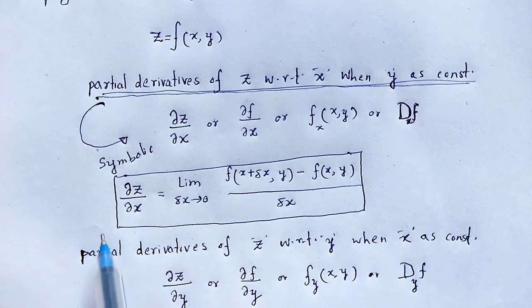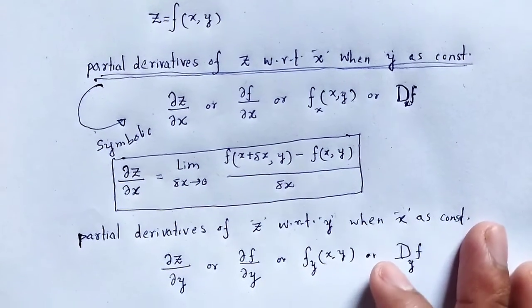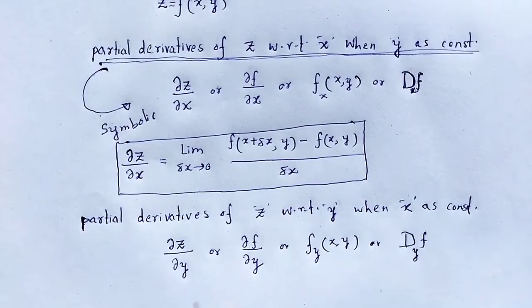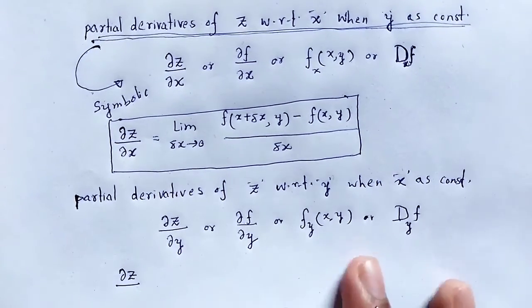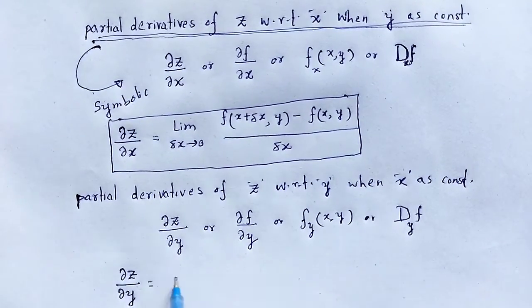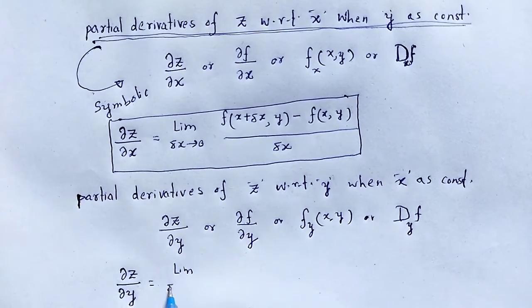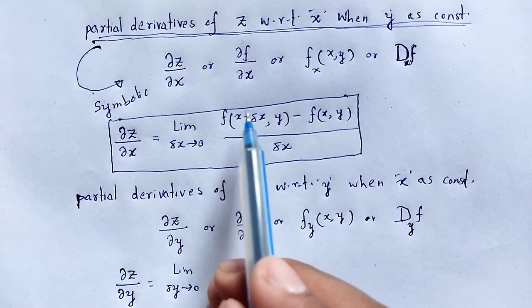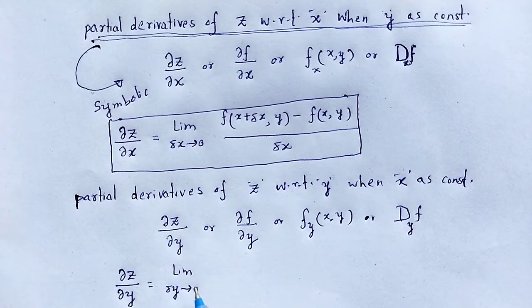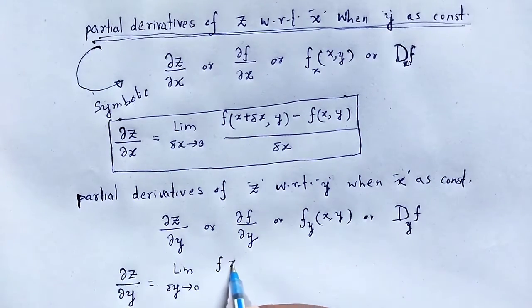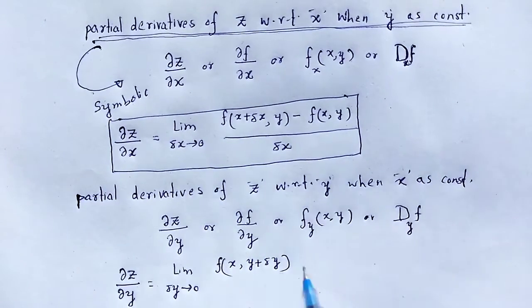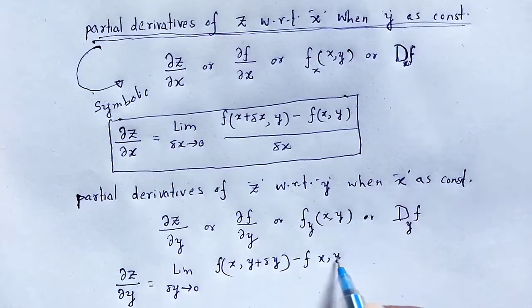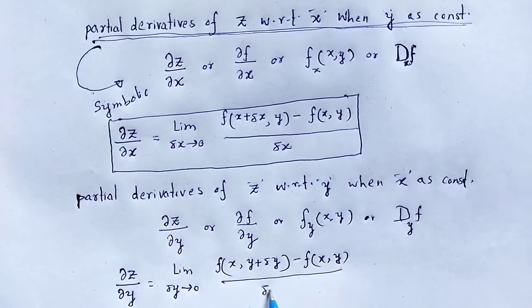Again, we can represent this mathematically by using the definition of differentiation. We can write del z by del y as the limit as delta y tends to 0, a small increment in y, of f of x, y plus delta y minus f of x, y, divided by delta y.